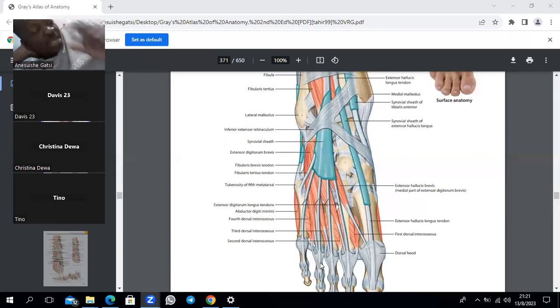The one that goes to insert into the big toe is what you call the extensor hallucis brevis. Then the rest of the tendons that go to the second, third, and fourth toes are what we call the extensor digitorum brevis. Innervation of these muscles is just the nerve that was innervating muscles on the anterior leg, which was deep peroneal nerve.